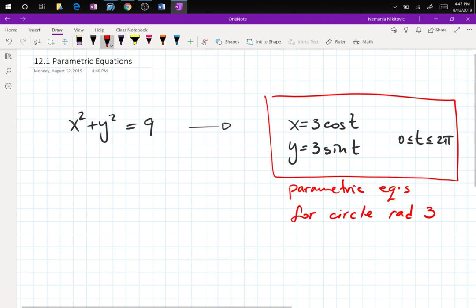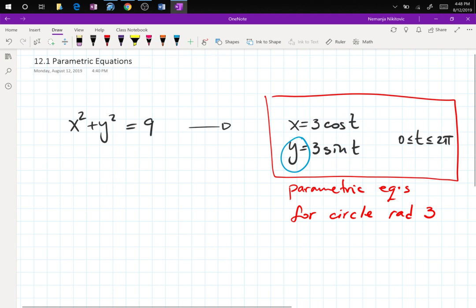So what are the features over here? Well, note that dimension x is separate from dimension y, and the only thing they have in common is this parameter t. You can think of t as time, and x and y, you can think of those as dimensions of length, which is the distance, and you are covering x amount of distance in time and y amount of distance in time.